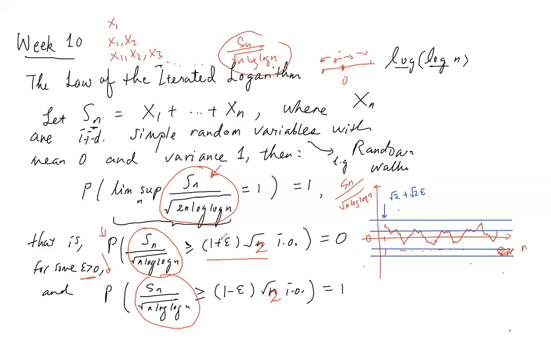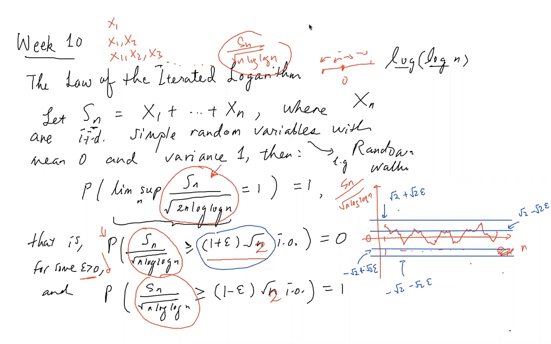You can see that this is basically just an expansion of this; I just write it like this so that it's easy to see. And this line here is square root of 2 minus square root of 2 epsilon. And over here, this is the mirror side. So this will be minus square root of 2 plus square root of 2 epsilon, and this will be minus square root of 2 minus square root of 2 epsilon.